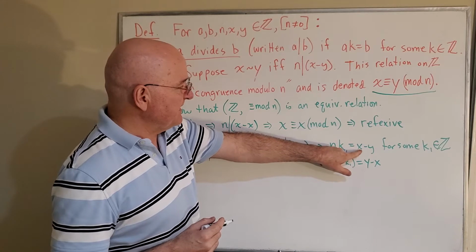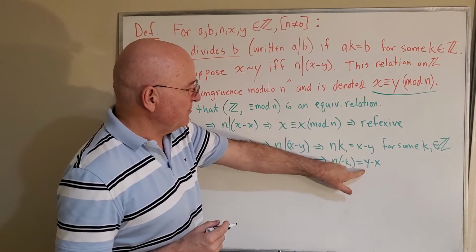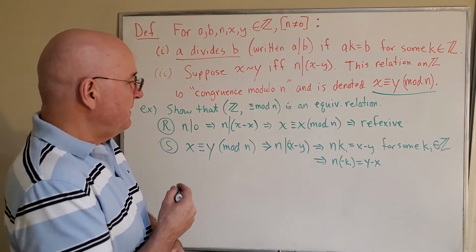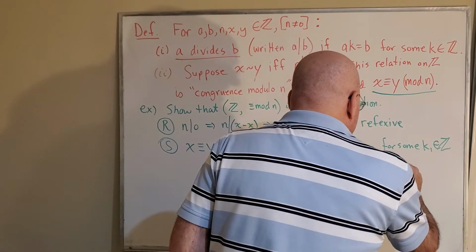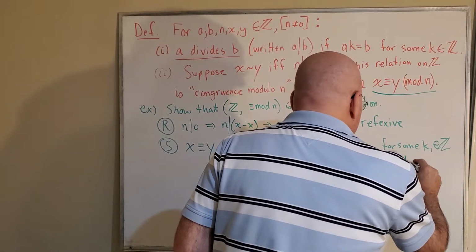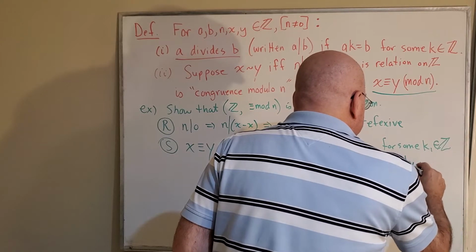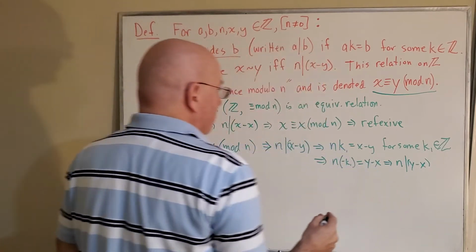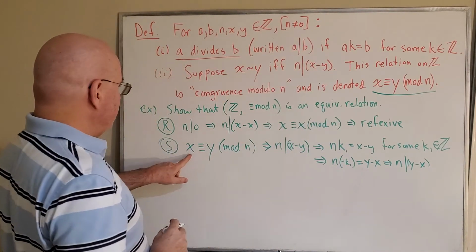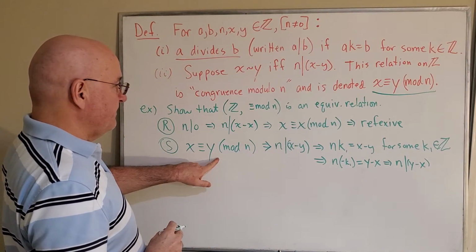If you multiply this by negative 1, you get negative x plus y, which is y minus x. So that tells us that n divides y minus x. And that's what we needed to show. x is congruent to y.